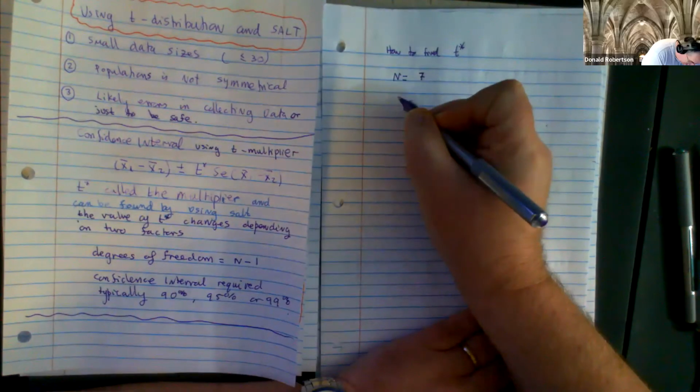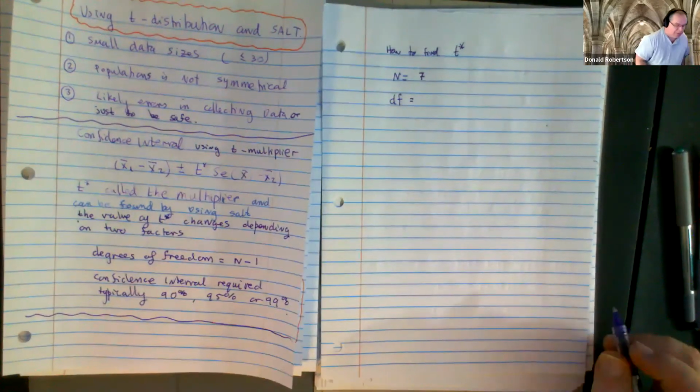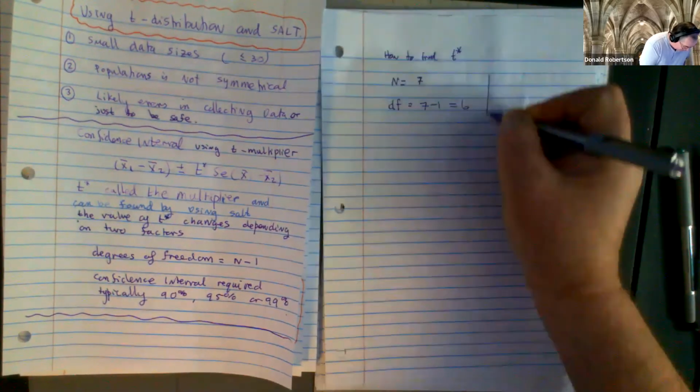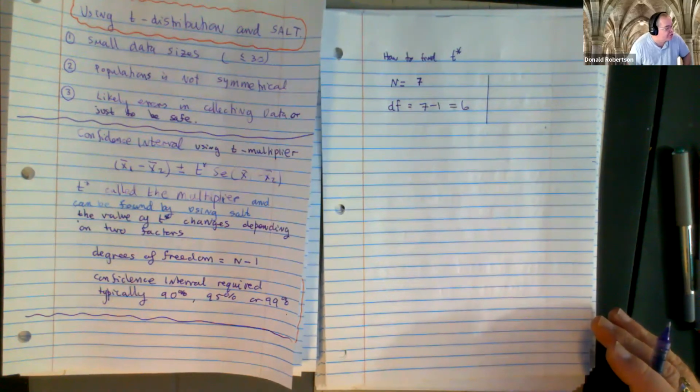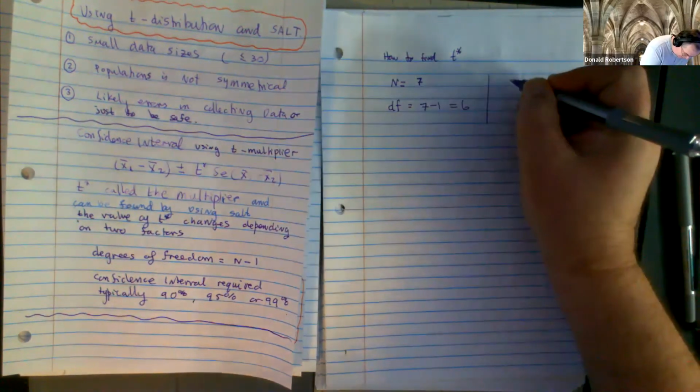Okay. So that makes degrees of freedom 6. Okay, give me a confidence interval you want. 90, 95, whatever. You can even pick 92 if you felt like it. Give me a 90. Confident 90.